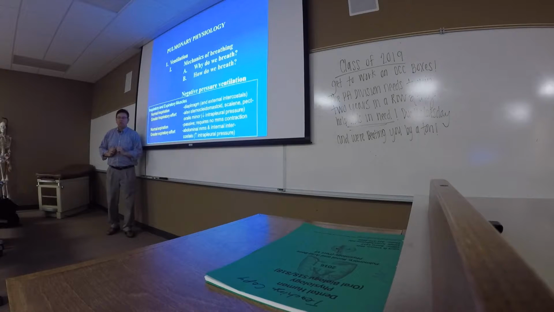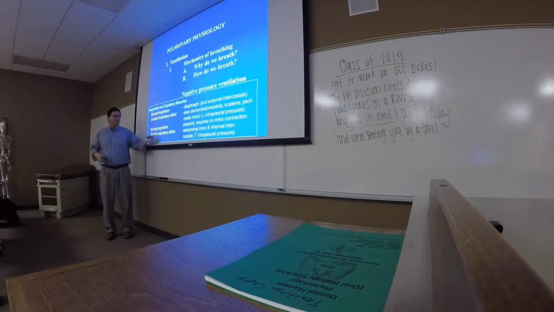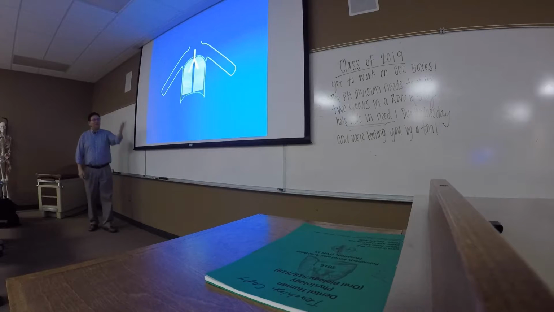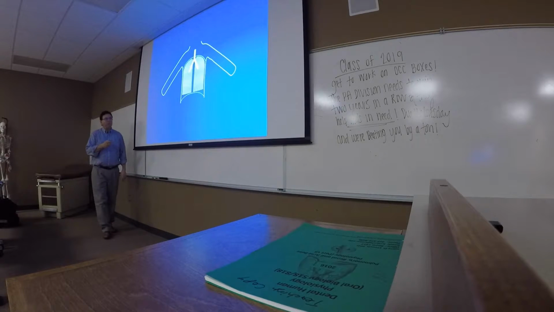Increased abdominal pressure causes your diaphragm passively to go up into your thoracic cavity. That pressurizes your chest. That drives gas out. And contraction of the internal intercostals drives your rib cage inward and downward, driving air out.